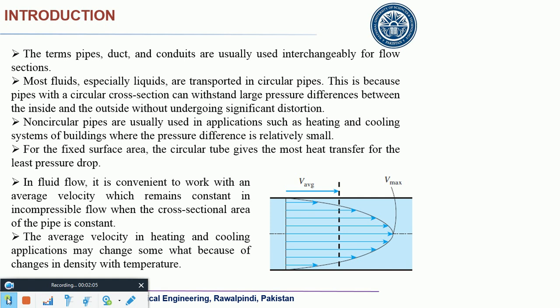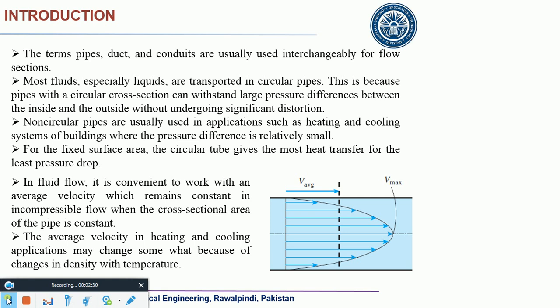For example, a rectangular cross-sectional pipe, you might be seeing in air conditioning applications, those ducts. Why? Because they don't have to bear more pressure drop, more stresses. This has something to do with the moment of inertia as well. If you revise your structural mechanics course, you may find the reason.